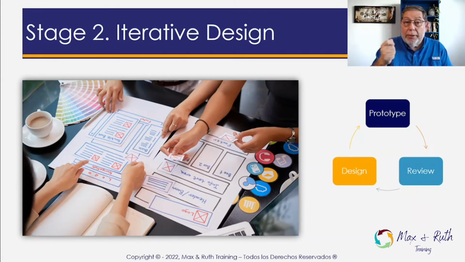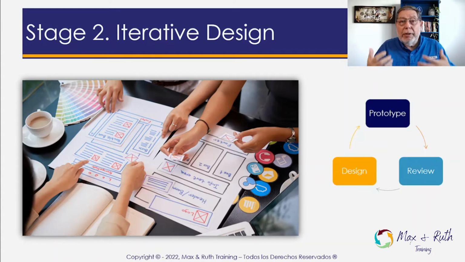And then you go into the second stage, stage 2, which is the iterative design. And the important thing, the key word here is iterative. That means that you go round and round in cycles until you have a very good product. And the first step here is, with the information that you gathered in stage 1, to design a very good prototype. And then you go into the prototype step, you design a prototype of the course, you test it, and you review it.